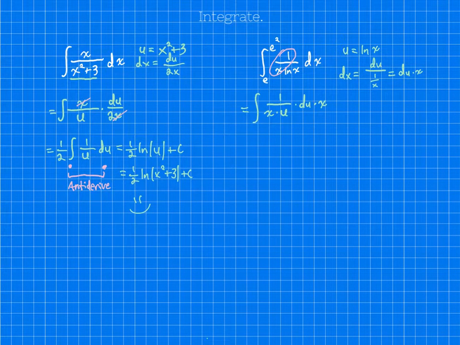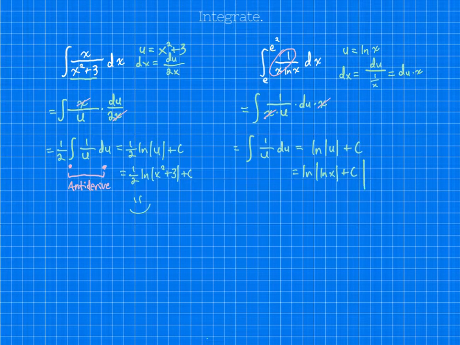And now what we can see is that the x fully cancels out here, and we are left with the integral of 1 over u du, which is, of course, just as it was over on the other integral there, ln, the absolute value of u, plus c, which is ln, the absolute value of ln of x, plus c.